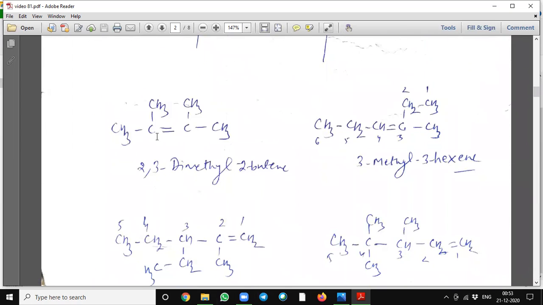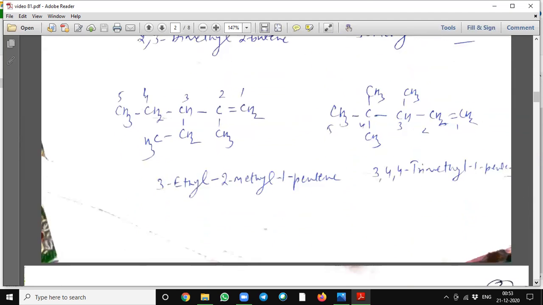Let's see some IUPAC nomenclature of alkenes. We have to give numbering. We have to give first priority to the double bond and then the substituent. 2,3-dimethyl-2-butene. Here, the longest chain we have to select: 3-methyl-3-hexene. 3-ethyl-2-methyl-1-pentene.